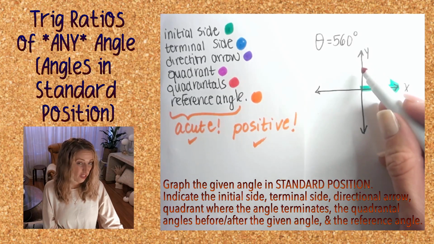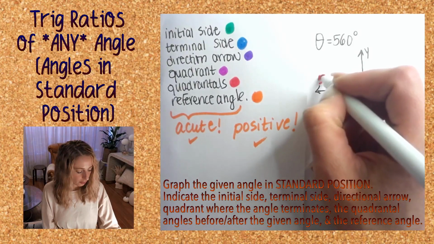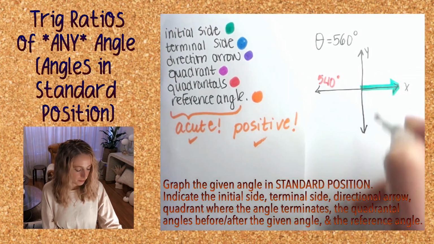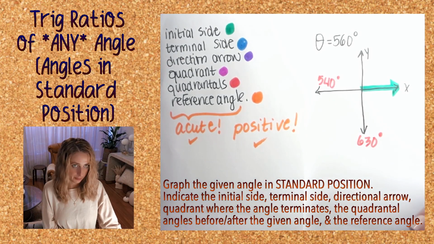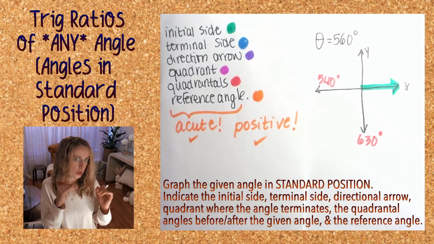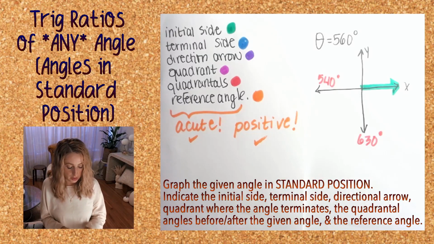Then 450, 540, and after it would be 630. Those are going to be the quadrantal angles both before and after the angle measure of 560 degrees.